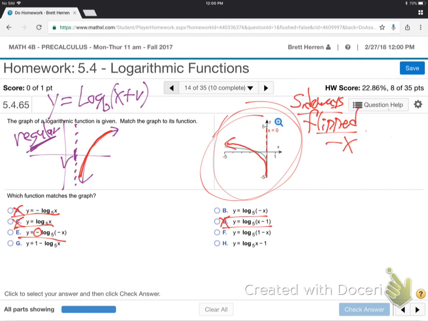If you flipped this vertical, you'd grab this axis and it would go down like that, wouldn't it? It would go down. That's not right. E's out. F. So you got negative on x? Yeah. G. Negative on x? Nope. Out. H. Negative on x? No. All right, so we're down to B and F.